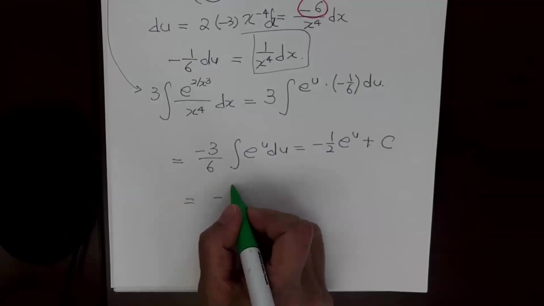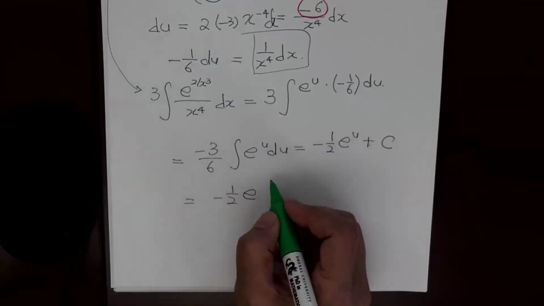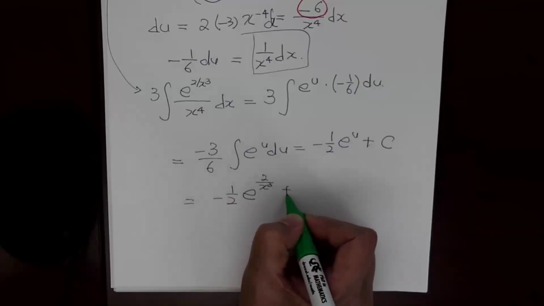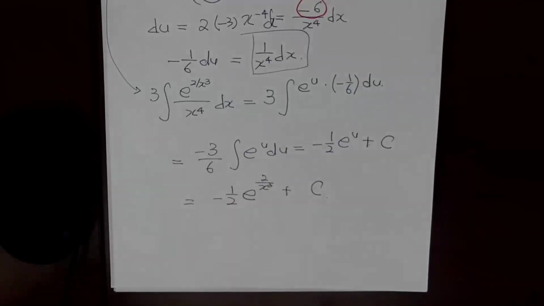So that is minus 1 over 2 e to the 2 over x cubed plus c. Do you have any question?